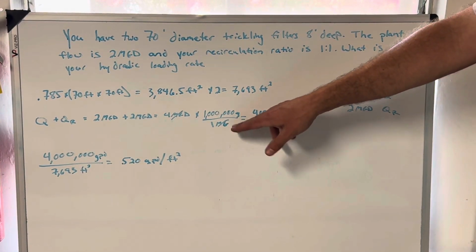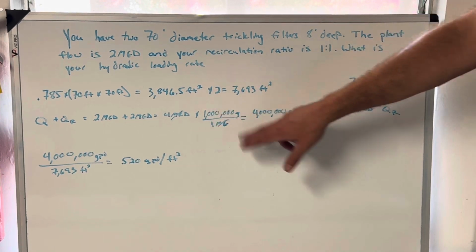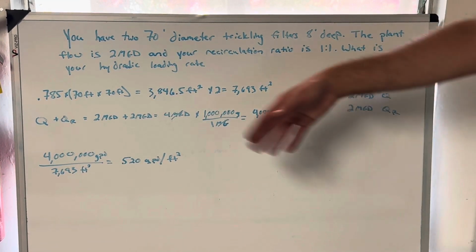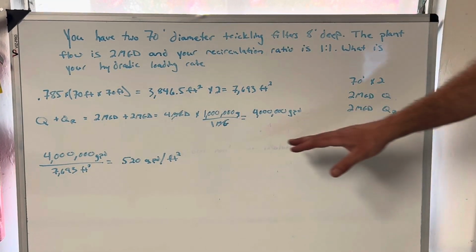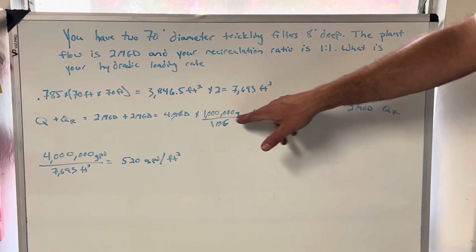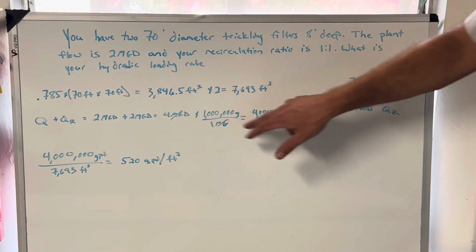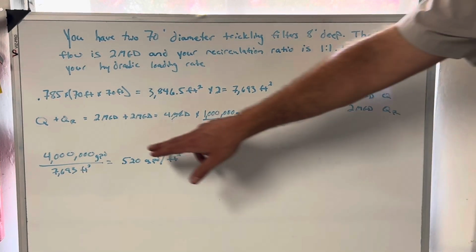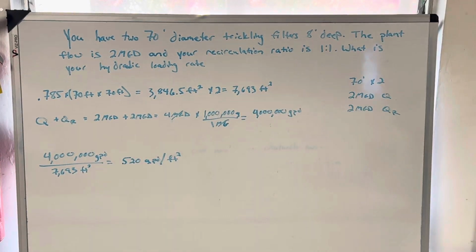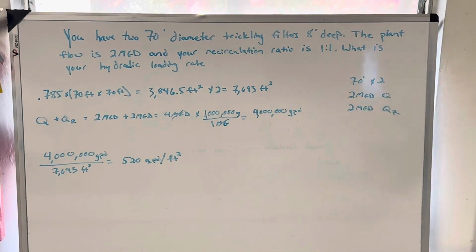I converted the units just for your sake; I don't do this when I'm doing my math. 4 mgd is 4 million gallons per day, because you just multiply 4 times a million. And then 4 million gallons per day divided by 7,693 square feet equals 520 gallons per day per square foot.